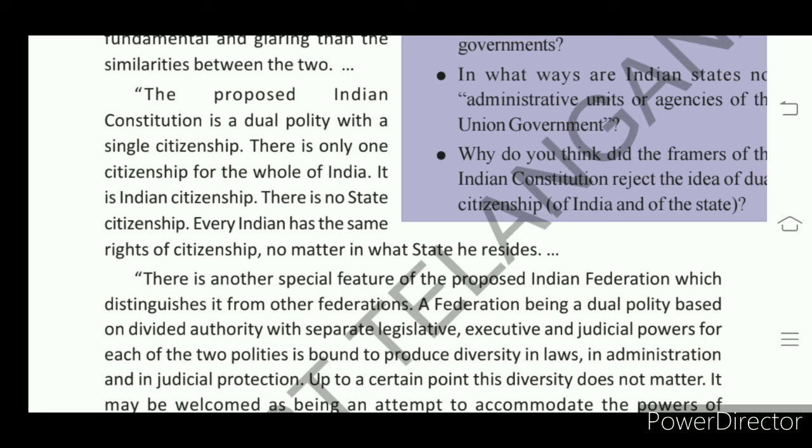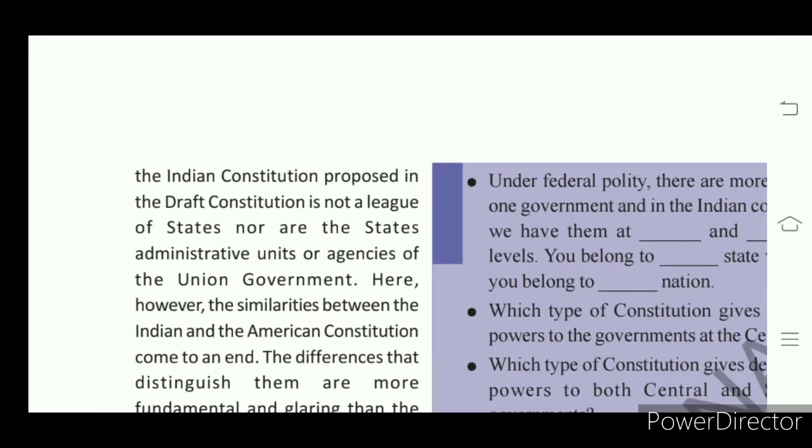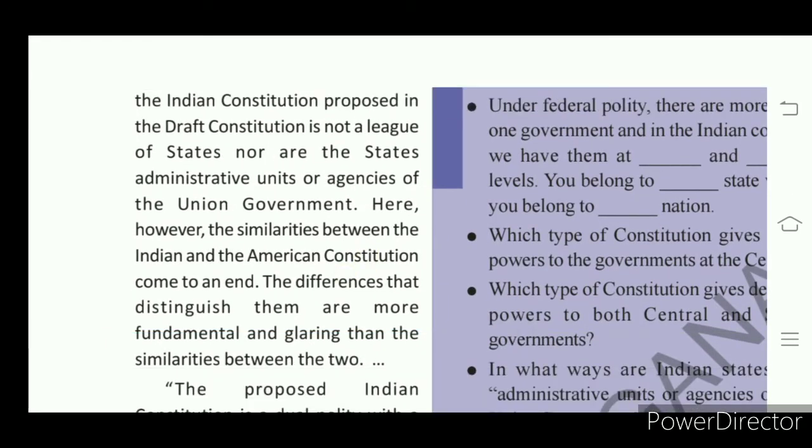Those are under a central government, that is a union government. And certain subjects which are related to the states are given and placed under the state governments to make laws on it. Okay.